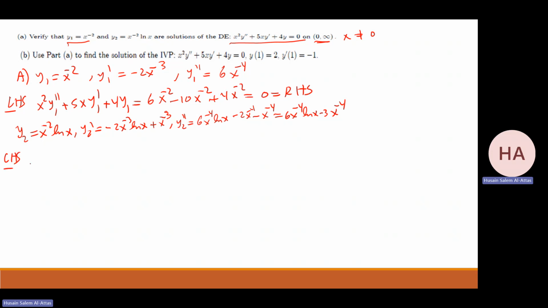Now let me check the left-hand side: y2 double prime, y2 prime, y2. That gives me what? x squared times all of this.